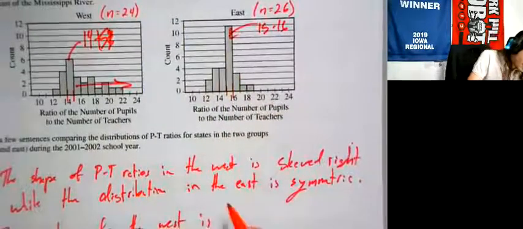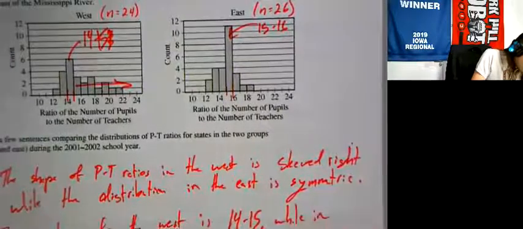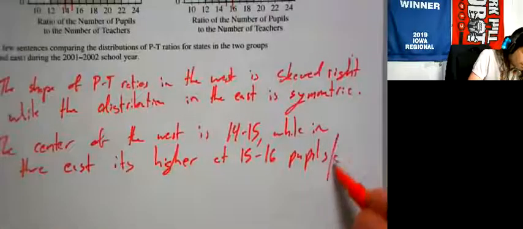The center of the West is 14 to 15, while in the East, it's higher, at 15 to 16 pupils per teacher.